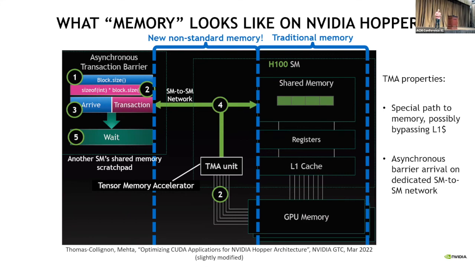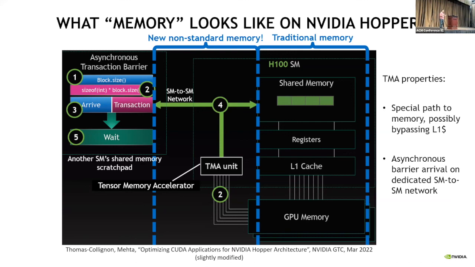You can see it's obviously a cartoon picture, but it's not really going directly through the L1 cache. It's sitting off to the side. It's doing this special synchronization. You can see these transaction barriers that are happening asynchronously. Again, I'm not going to go into the details of what exactly that means, but all this is happening through a special purpose SM to SM network, which is not something that used to be there, right?